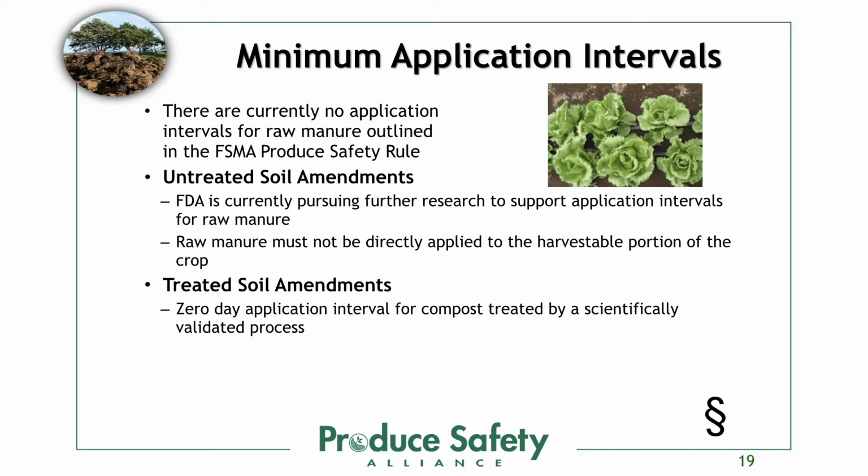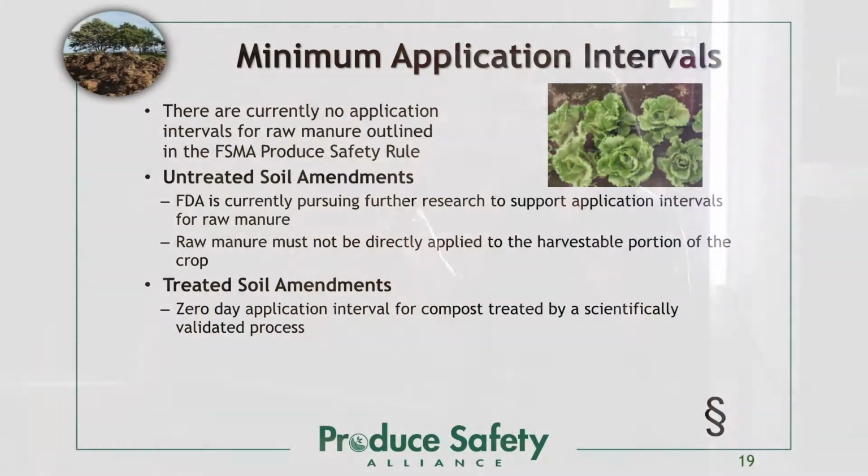So for untreated soil amendments, this is one that the FDA has on reserve. They are looking for further research to actually put numbers to when you can apply these raw amendments. But in the meantime, they're not going to counter the National Organic Program, and we'll talk about that. I think it's on its own slide.